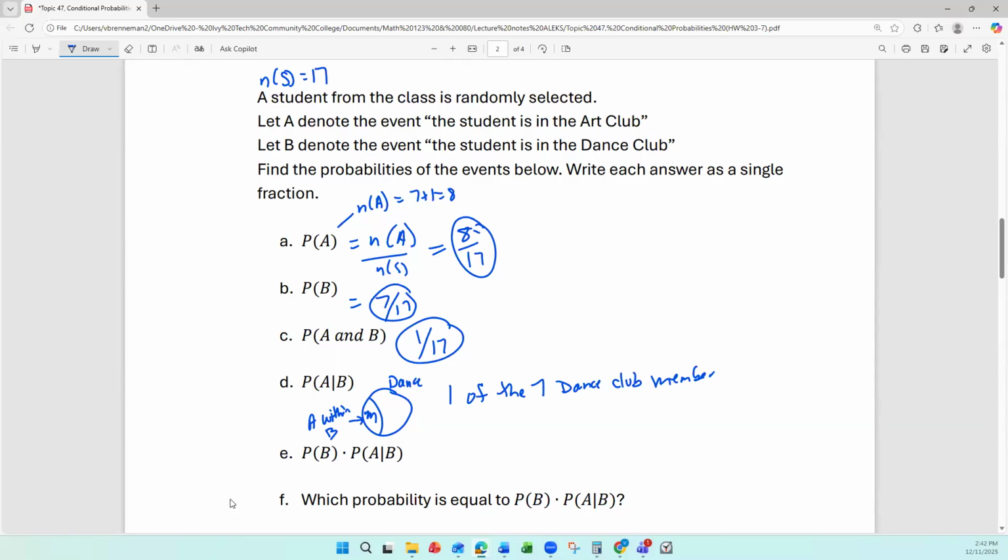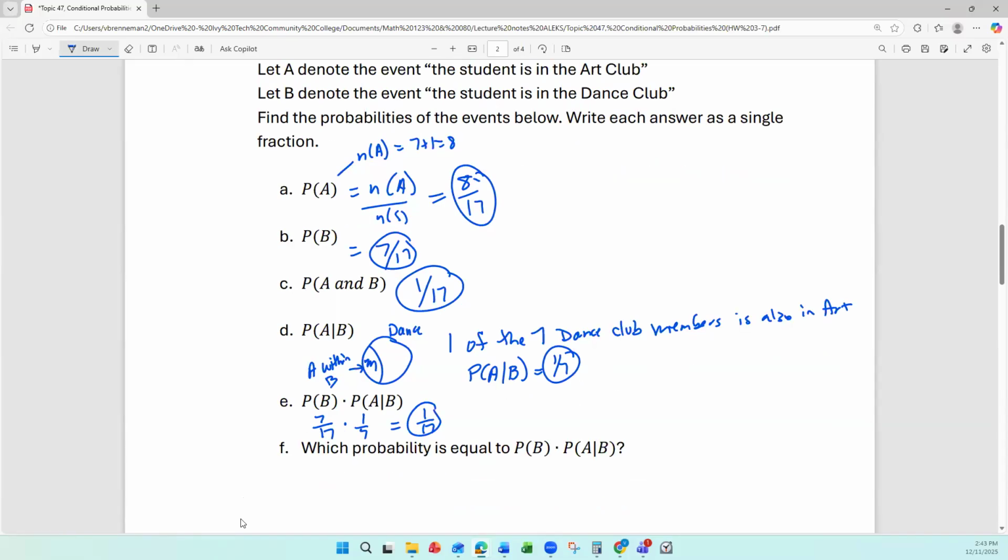So one of the 7 dance club members is also in art club. So the probability is 1/7. So we're looking at the probability, given that a student is in dance club, that that student is in art club. Then P of B, which was 7/17, times P of A given B, which was 1/7. When you multiply those, the sevens cancel, and it is 1/17.